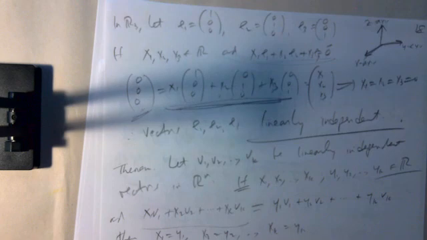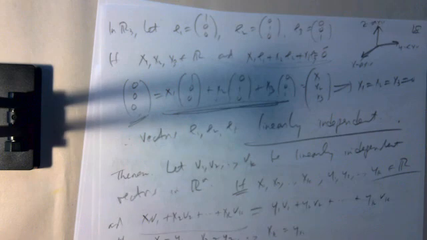So if, for example, E1, which is 1, 0, 0, wasn't there and instead it was 0, would we still be able to say that E1 is linearly independent? No, it's a different vector in a different situation.